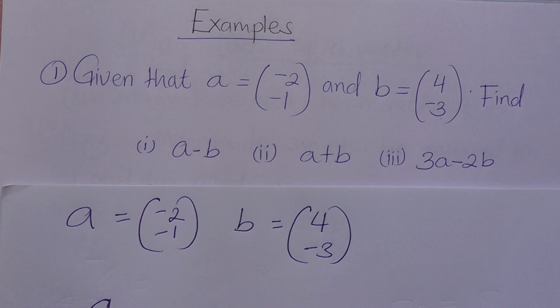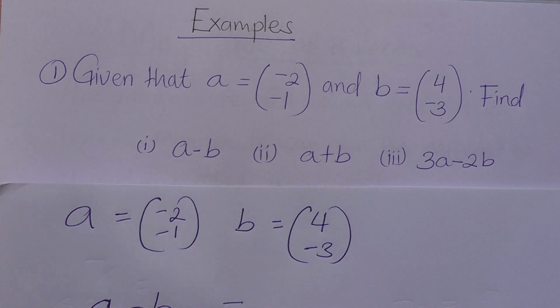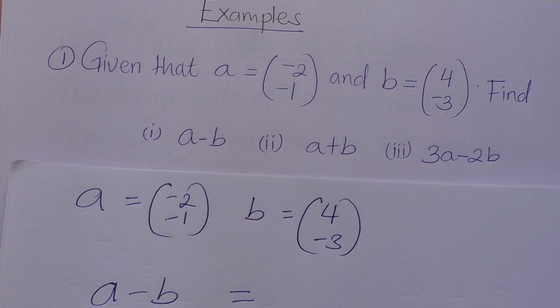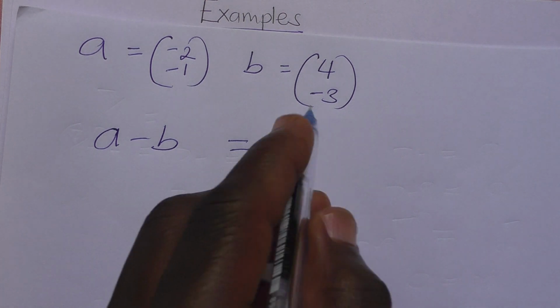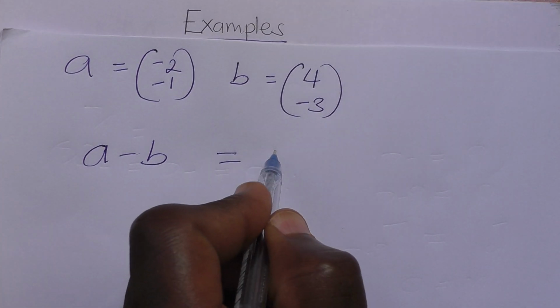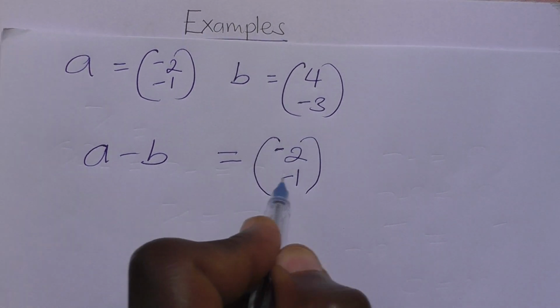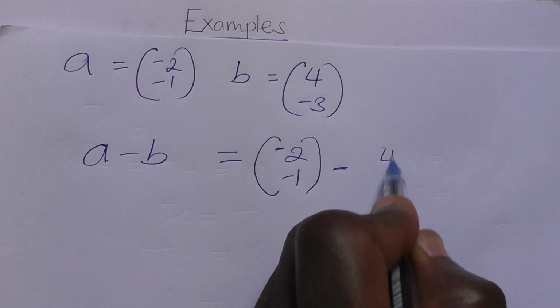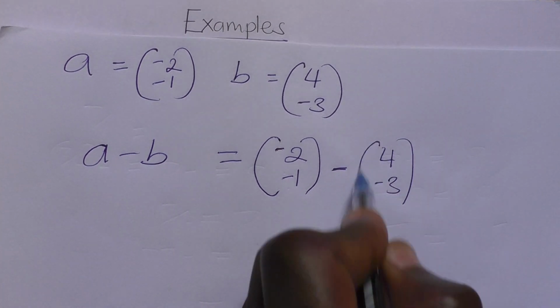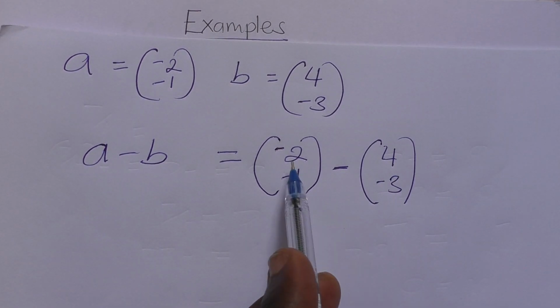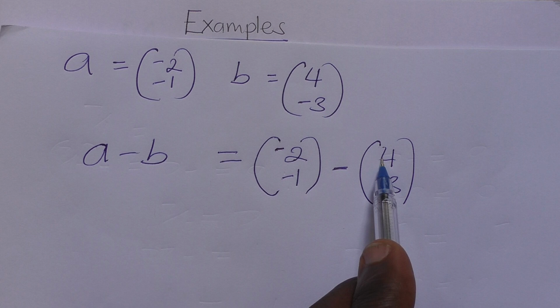So they want us to find A minus B. So when subtracting A minus B, we shall substitute them with the column vectors. That is for A and this is for B. And then we subtract corresponding components of the vectors.